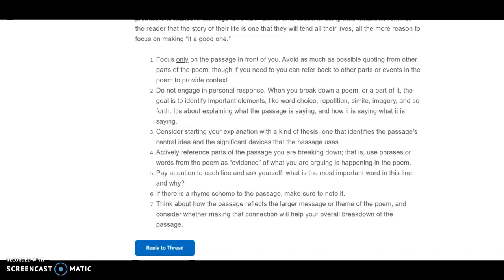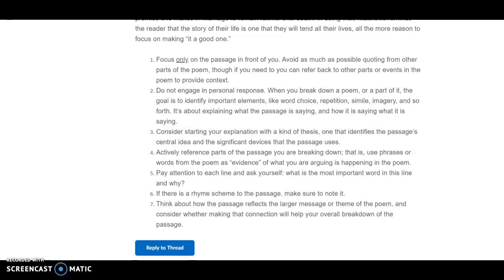So one of the things that I'm going to really suggest that you consider doing with the close reading that you'll do in the exam is to start by presenting a thesis, one specifically that identifies what this passage or the poem's central idea is and the significant devices that the poem as a whole uses: simile, metaphor, repetition, etc. Now, as you make your way through the poem that you're analyzing, you should use phrases or words from the poem to supply evidence.